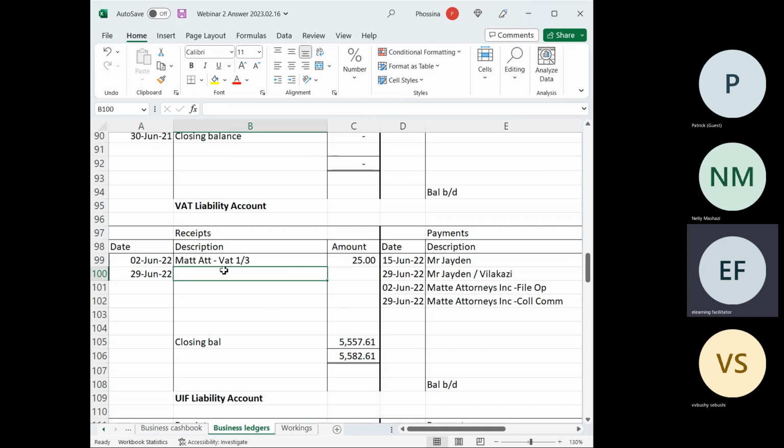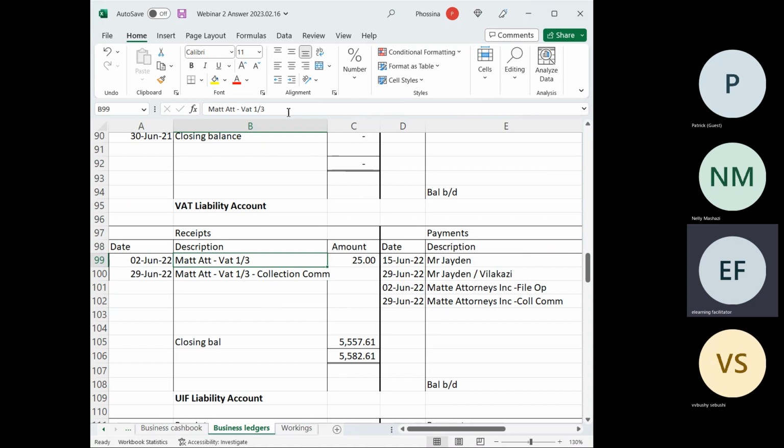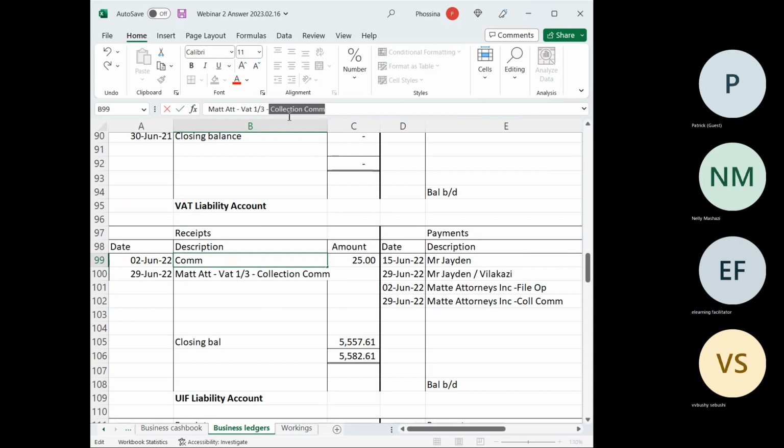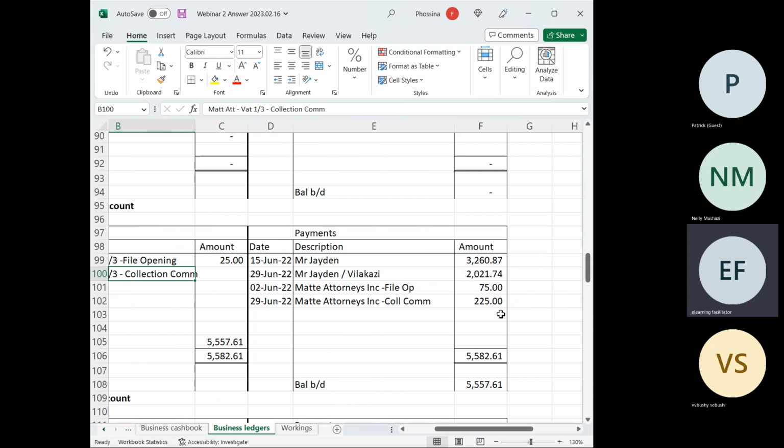So we remain loyal to the concept. We also pay them. And then this is file opening. Okay, so how much are we going to pay over?